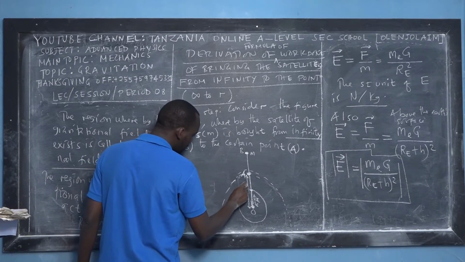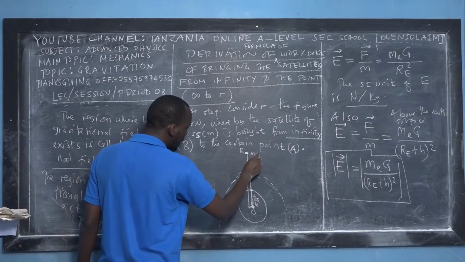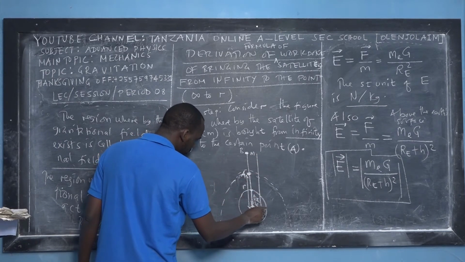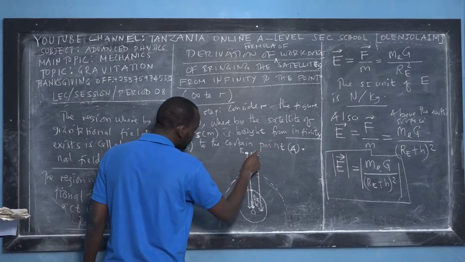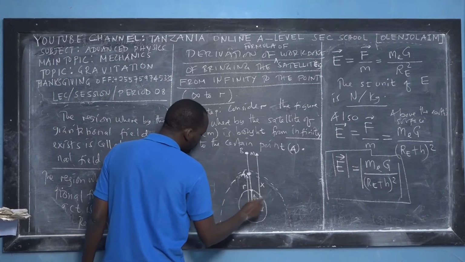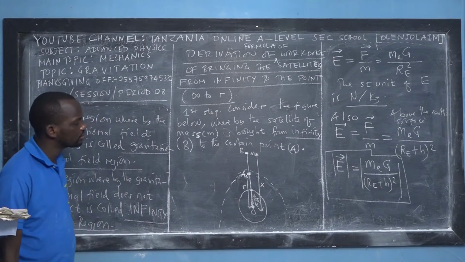Then again, we have the total distance from point B to the center of the S, meaning from the center of the satellite to the center of the S, and this distance we call x.